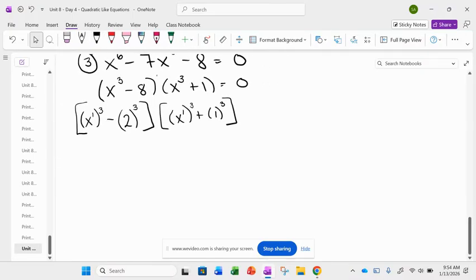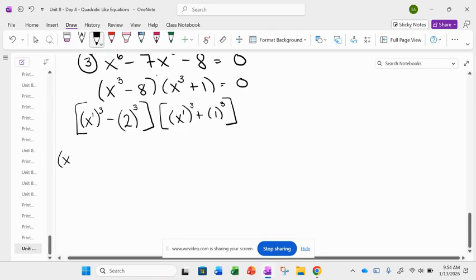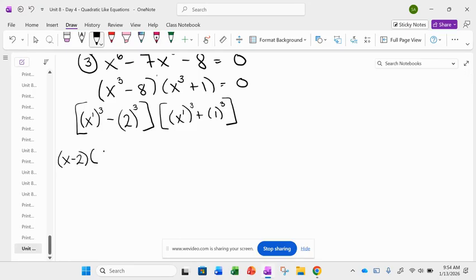So when we factor further, this difference of cubes, we're going to have an a minus b, so x minus 2 times a squared, x squared, plus ab, 2x, plus b squared, which is 4.